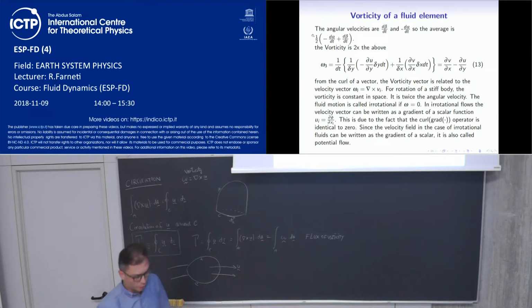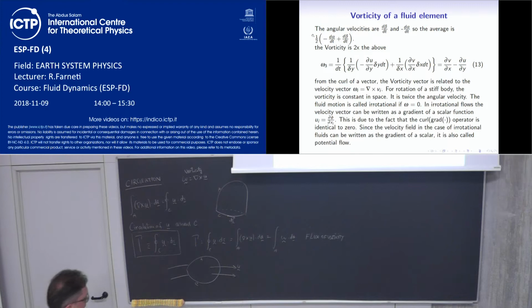Okay. This is very useful when you are looking at geophysical fluids, because you might be interested in the vorticity of the fluid, but you cannot measure the vorticity of the fluid. So if you have an area, you can integrate your vector field along the bounding contour of this area, and you know that the integral of u around C is equal to the flux of the vorticity across the surface. A flux means that you have a flow crossing your area in the normal direction.